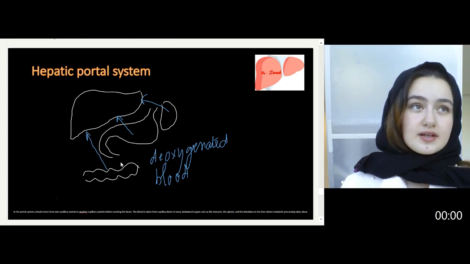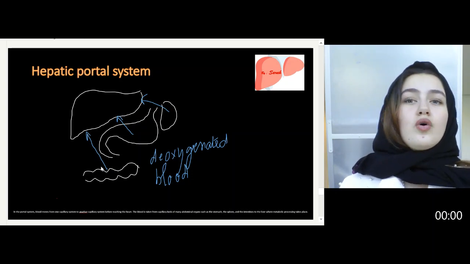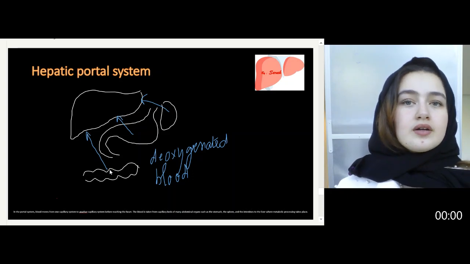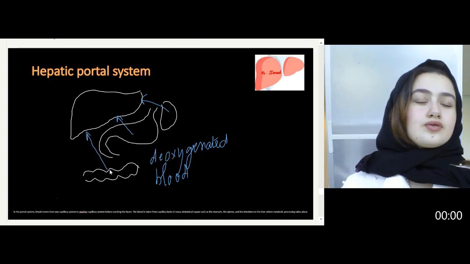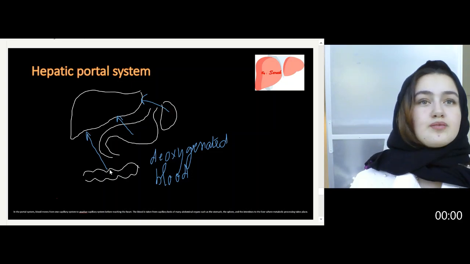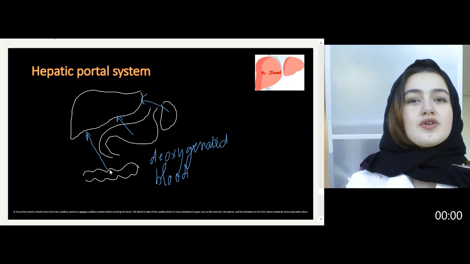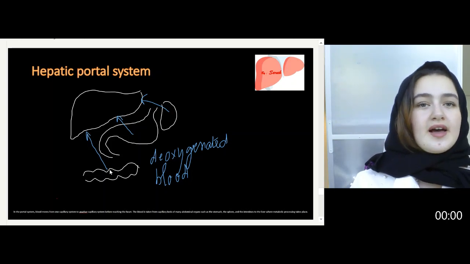But instead of moving from only one capillary system to the heart, it moves from one capillary system to another capillary system before reaching the heart.